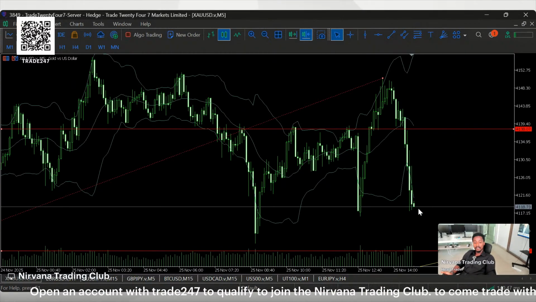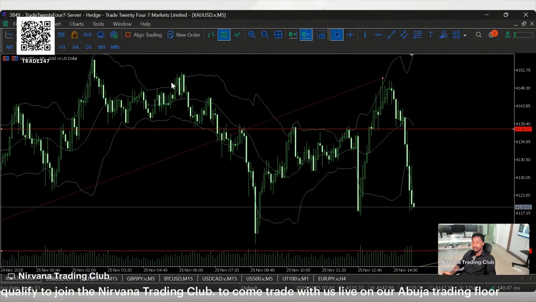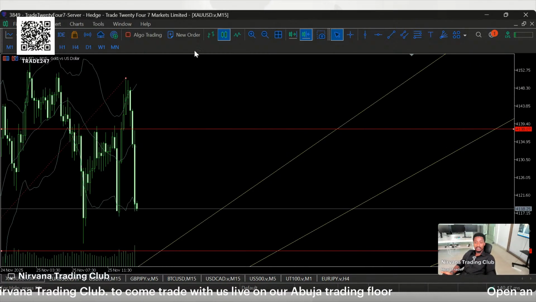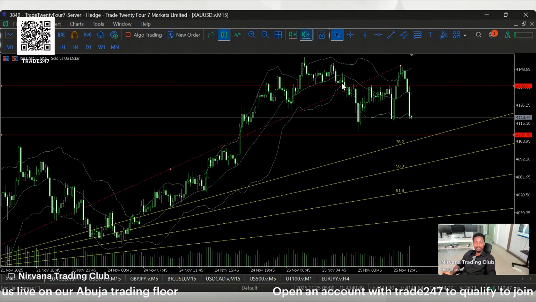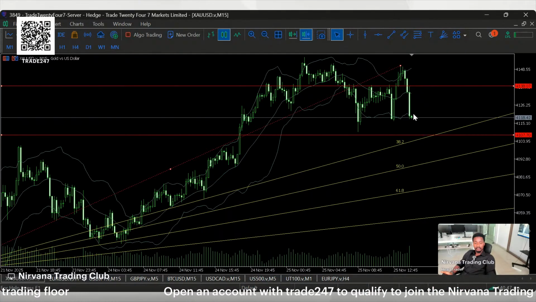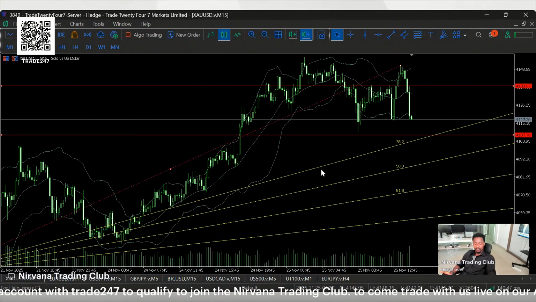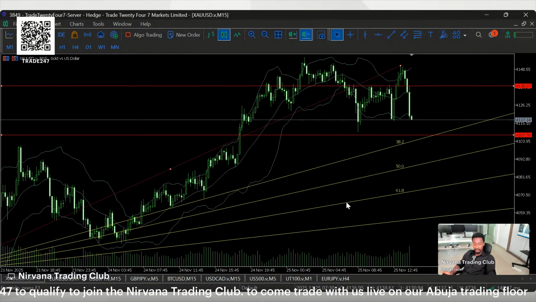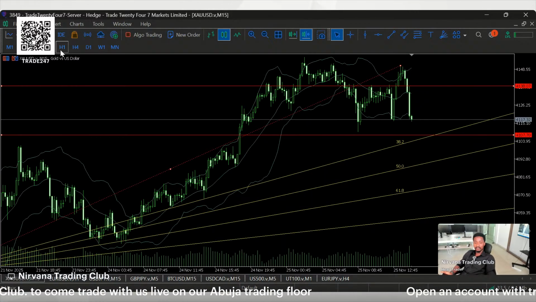So right now, still looking like gold is retracing for it to give us a perfect entry. So you have a good entry somewhere, somehow, very soon.